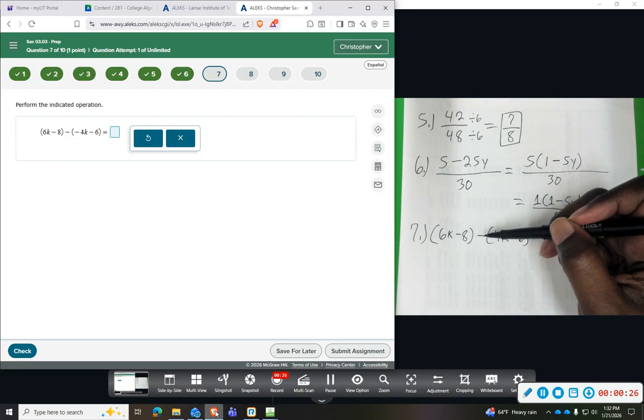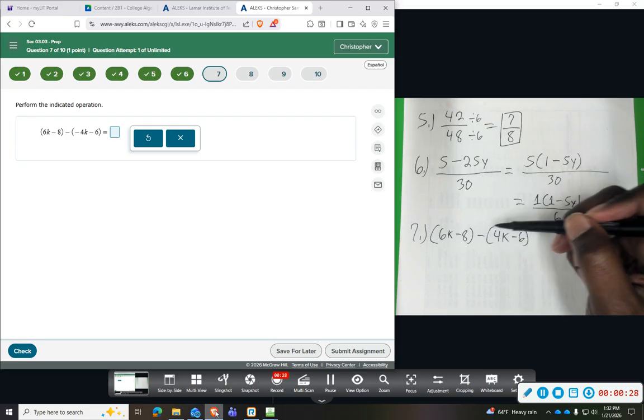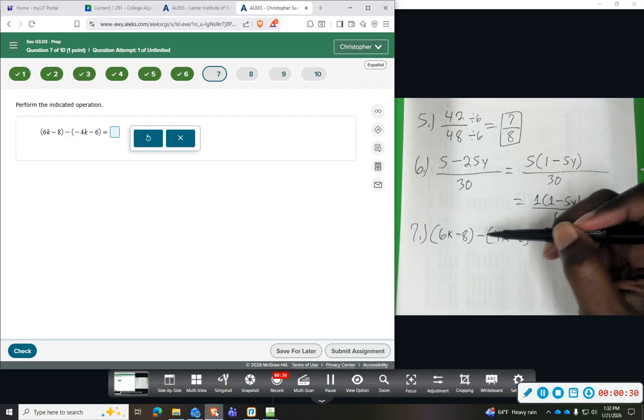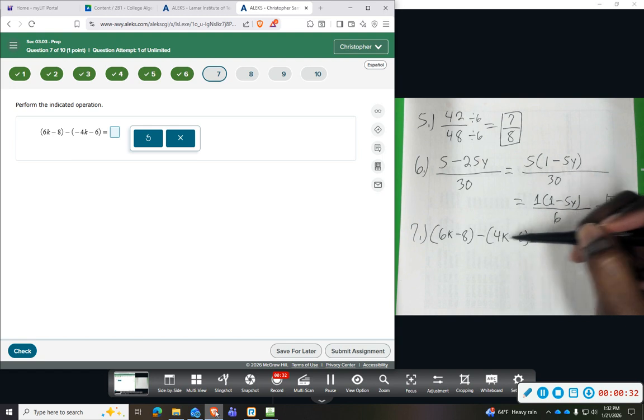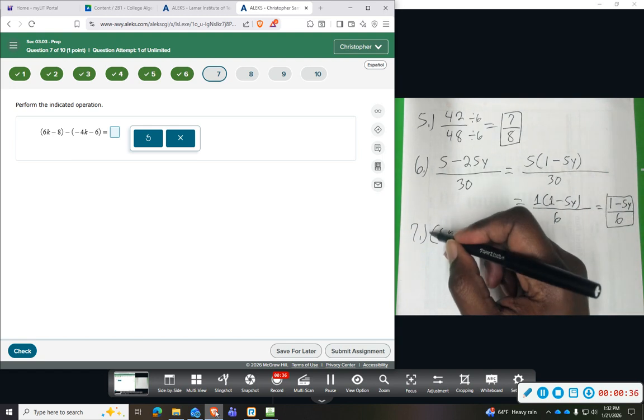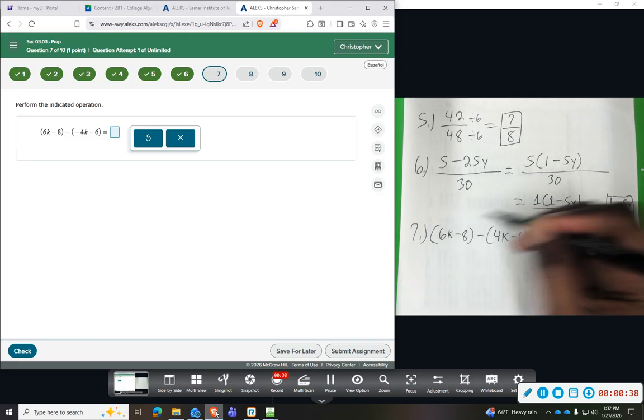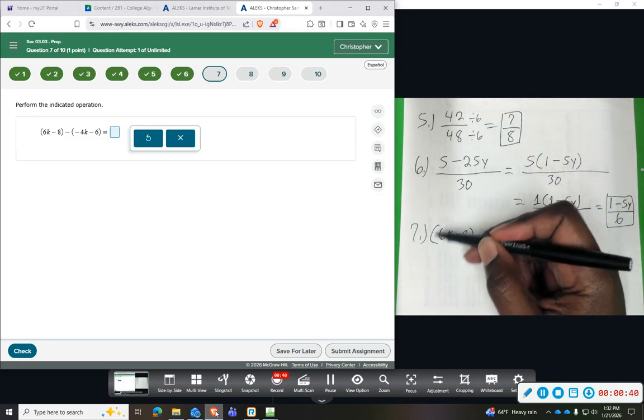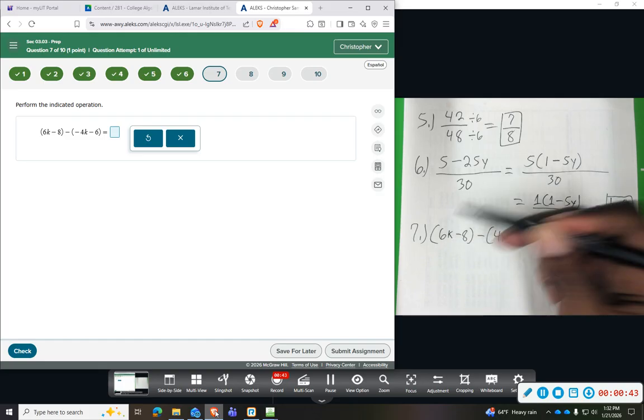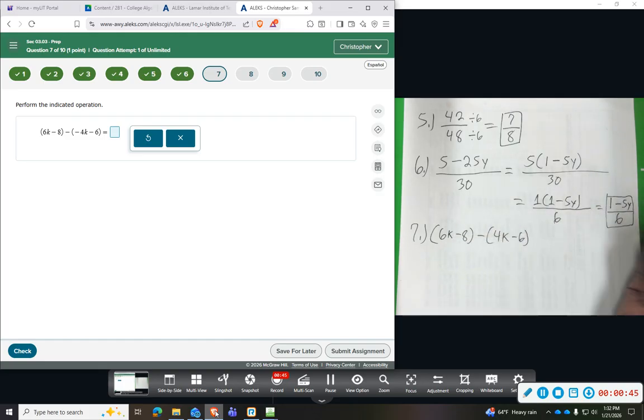We have to distribute a negative, and that's going to change the signs of both terms in the second set of parentheses. There is no number being multiplied times the first set of parentheses, so we can just simply drop them. We can't simplify. There's nothing that we can do, so everything is done.